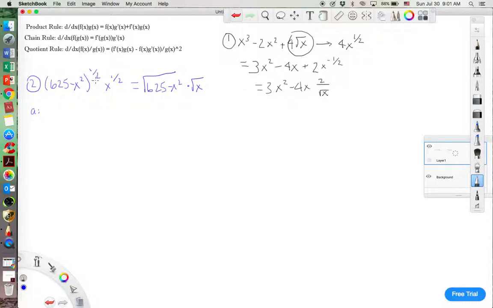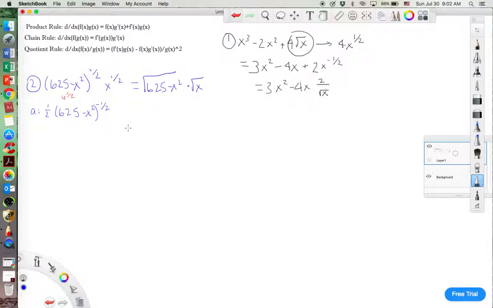And so the first derivative using the power rule of u to the 1/2 would be 1/2 u to the negative 1/2. And so we have 1/2 times u, which is 625 minus x squared, and that's raised to the negative 1/2.